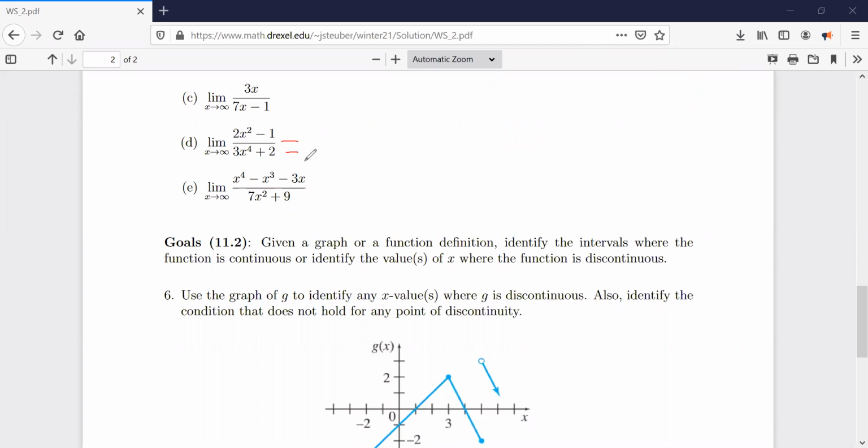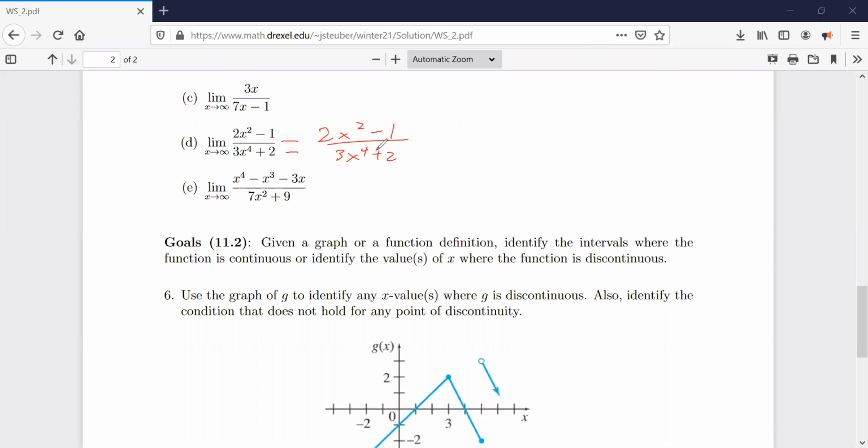This guy, you could do the same rule as you did before. Divide the top and the bottom. So if we did that, we would get 2x squared minus 1 over 3x to the 4th plus 2.